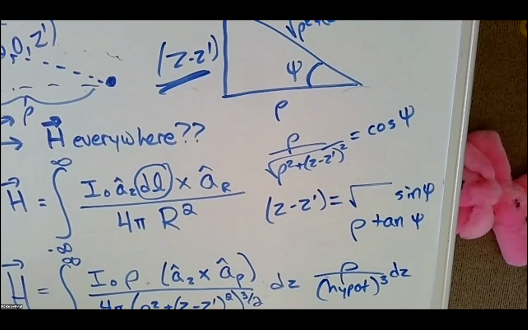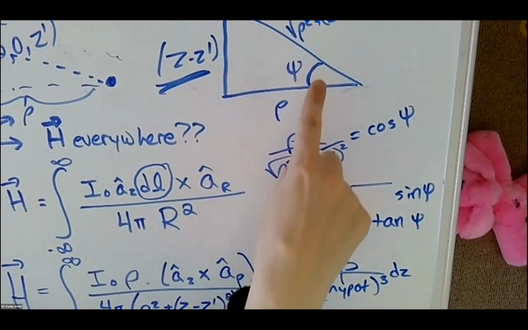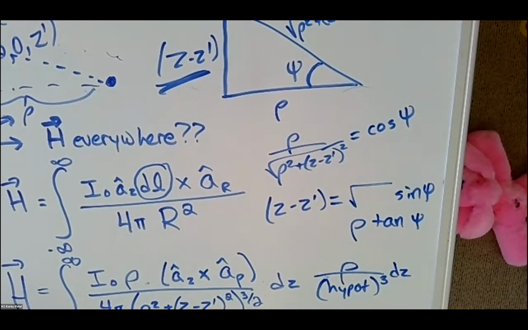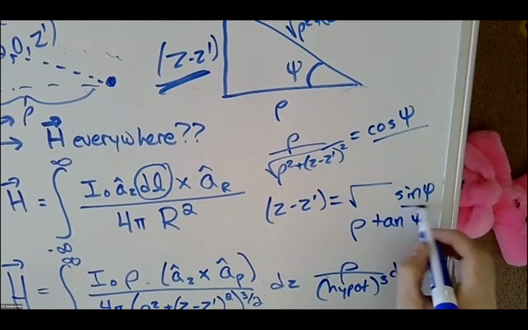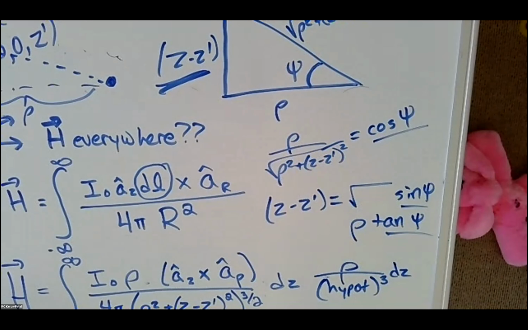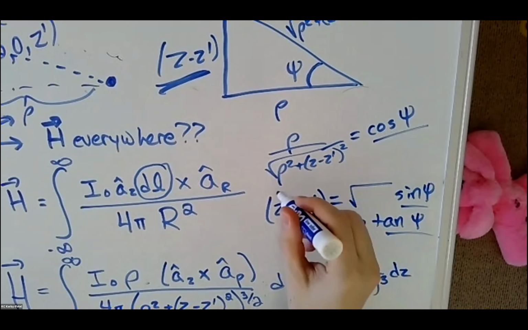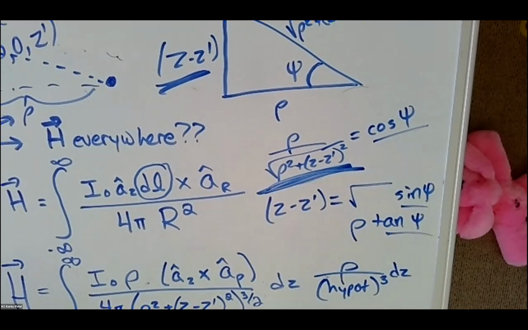That's how you do that type of integral substitution. If your integral came from a triangle, you can substitute in these triangle forms, and it's pretty easy to integrate your cosines, sines, and tangents. That's a lot easier than integrating polynomials under a square root.